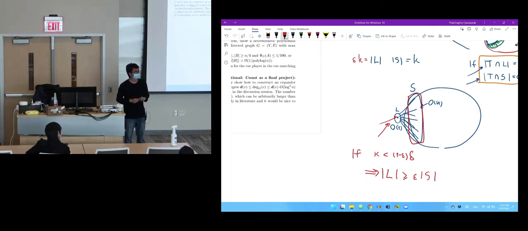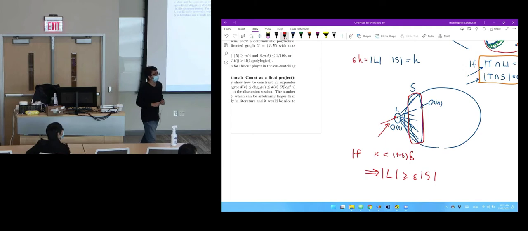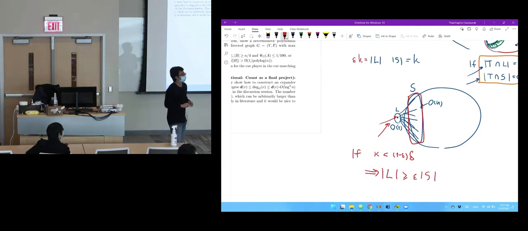We also need at most one vertex in L. Yeah, so if you sample with probability 1 over K, then it's going to be one vertex in L usually.